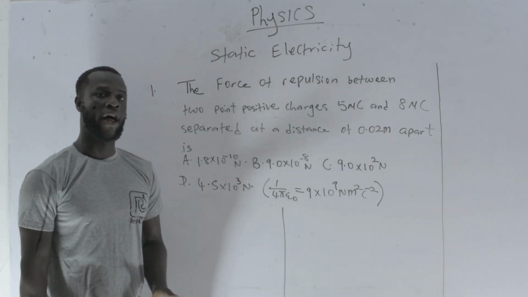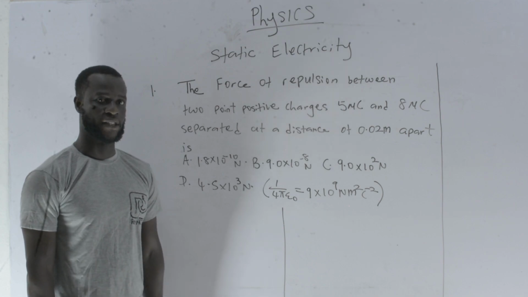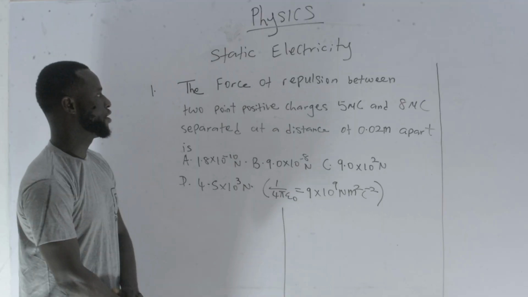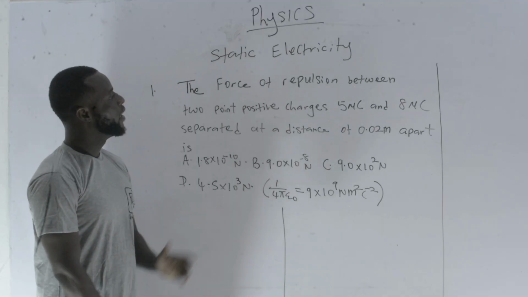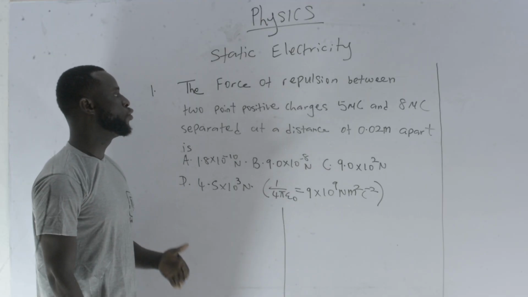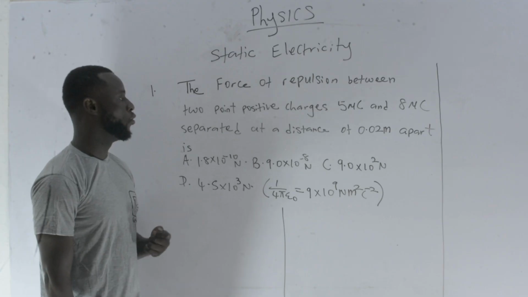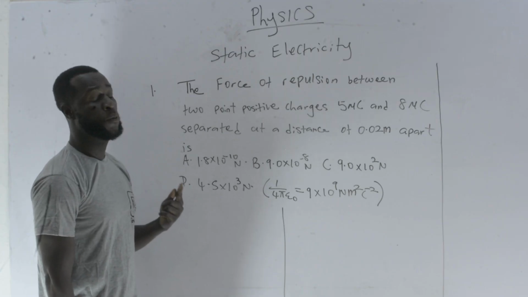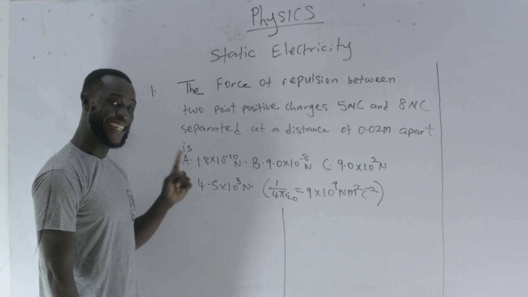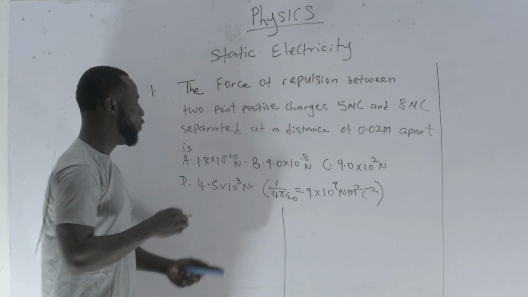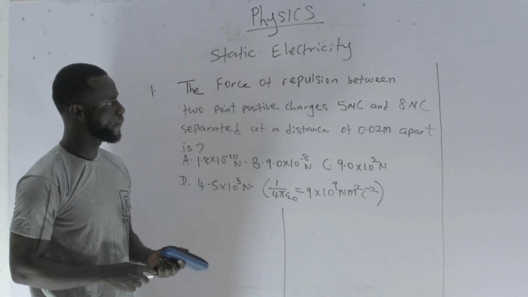Now, question number 1 on static electricity. In this question, we have the force of repulsion between 2 positive charges, 5 microcoulomb and 8 microcoulomb, separated at a distance of 0.02 meters apart. They are asking us for the force of repulsion.